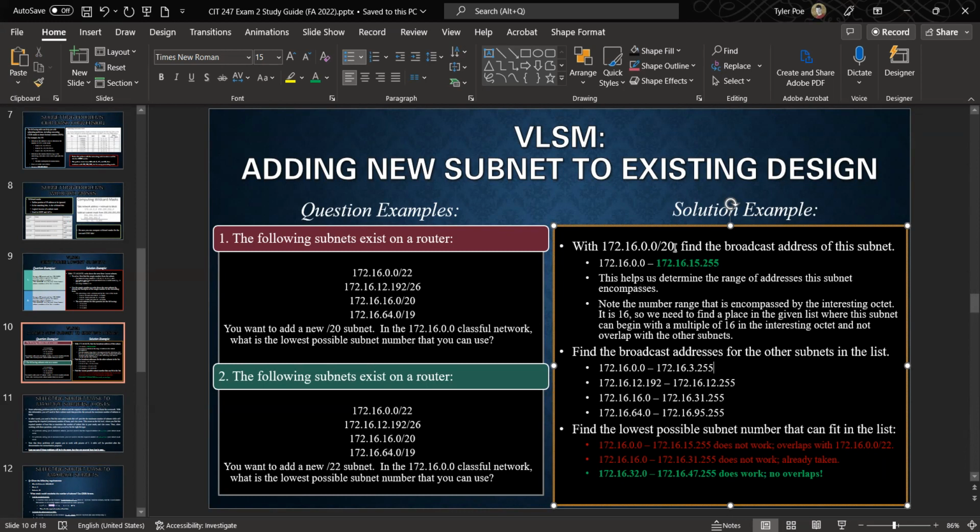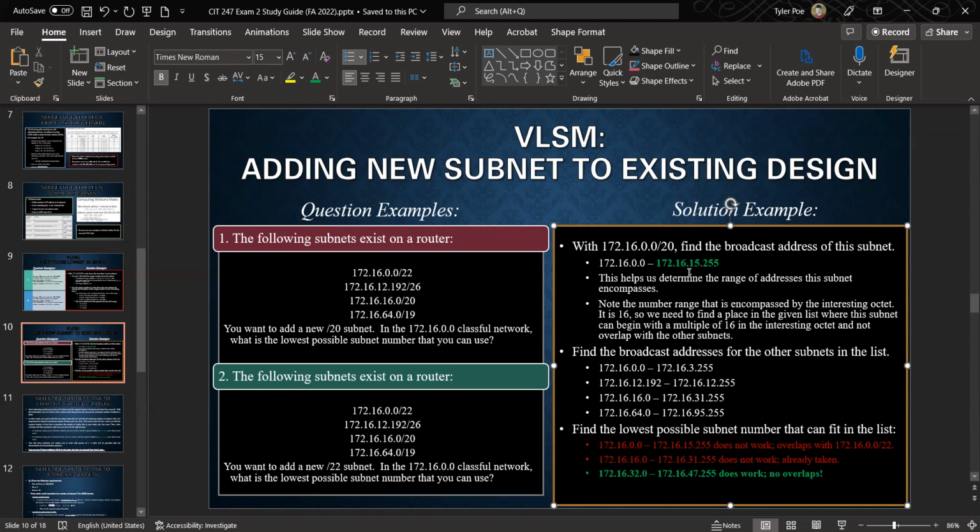So we're given /20. I can tell you its magic number is 16. We solve for the broadcast address, and we find that 172.16.0.0's broadcast address is 15.255. If we add +1 to that, in other words, if we look at the next address after this broadcast address, it's 172.16.16.0.